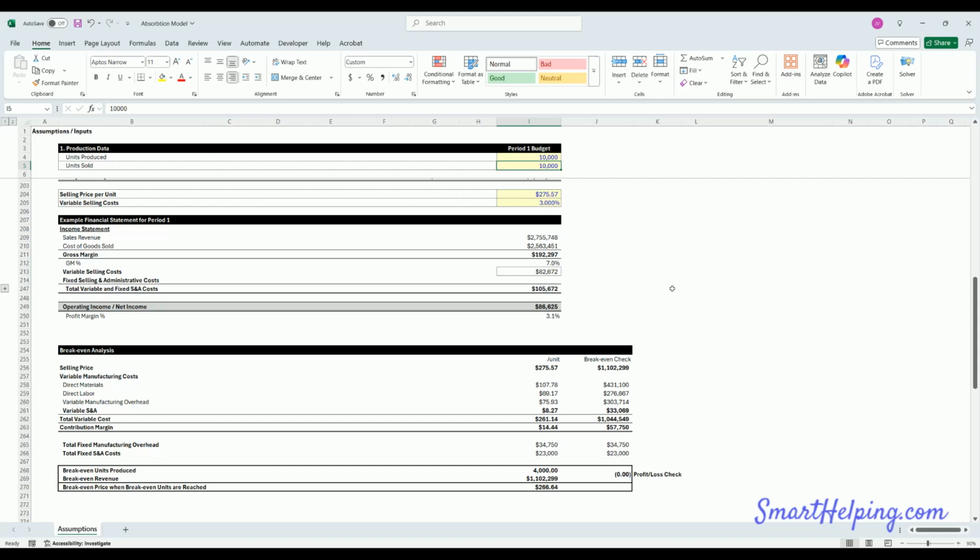The number that makes the most sense is when your units sold equals units produced, you're going to get a number here that when you plug into the price, it's going to give you a $0 operating income. Now, I believe that's because this operating income is based on units sold.